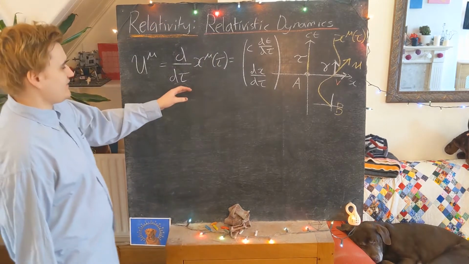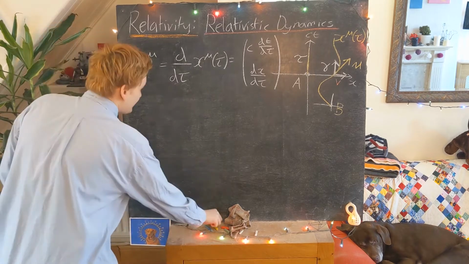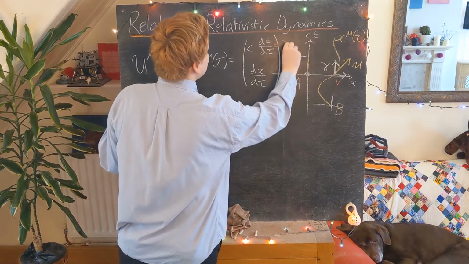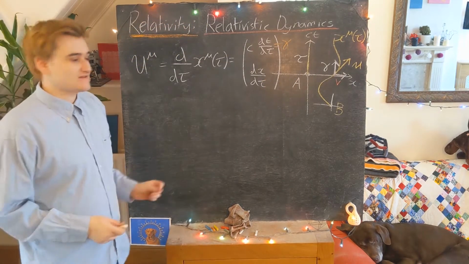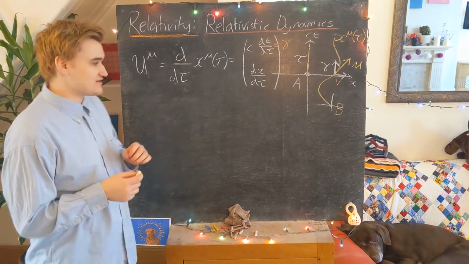This is now just simply the parameter derivative with respect to tau. And we said that this thing, this dt by d tau, is going to be the Lorentz factor. We've now seen a lot more about what this Lorentz factor does and how it really controls all of our relativistic physical effects.